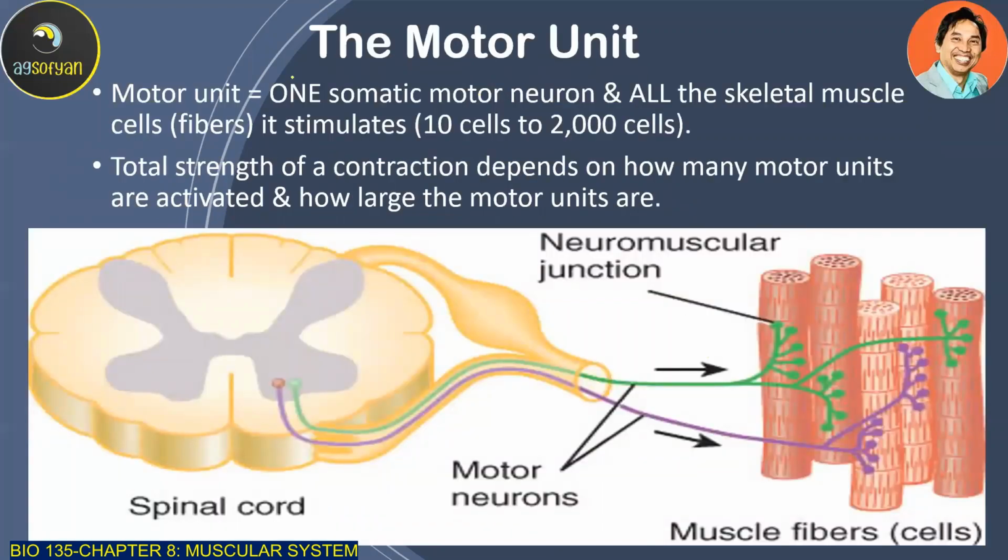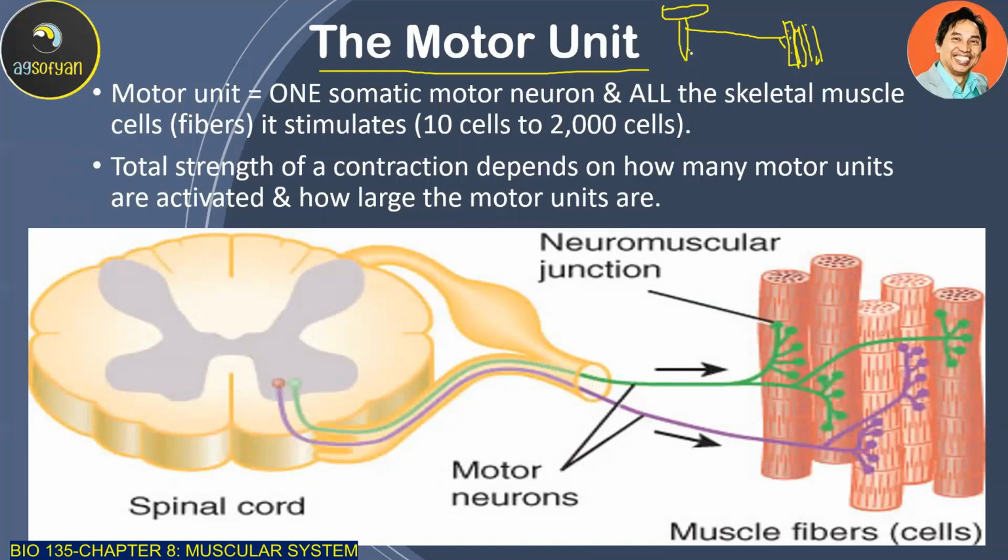Okay, now we go to the next discussion, which is about the motor unit. Remember, let's say this is the brain, this is the spinal cord, right? This is a motor neuron that goes to the muscle cell. Sometimes one motor neuron goes to 10 muscle cells or sometimes 1,000 muscle cells.